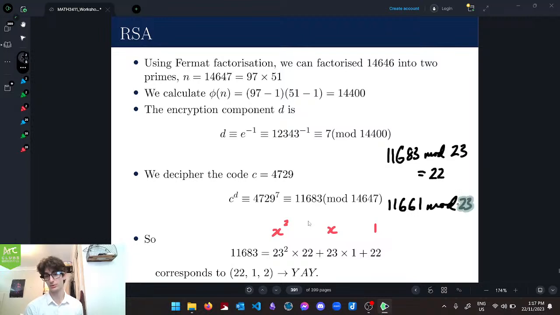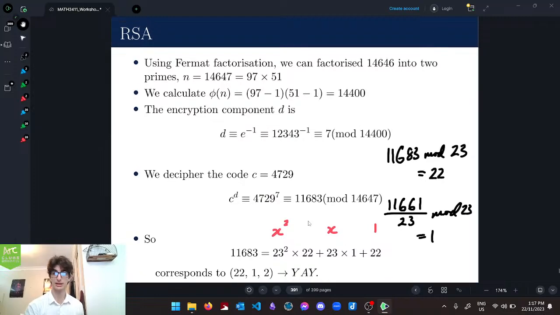We'd actually divide by 23, so that then we'd technically just be dealing with 23 by 22 plus 1. And so mod 23, we're going to get 1, and we do very similar to get the 22. So this corresponds to 2212, which is yay.